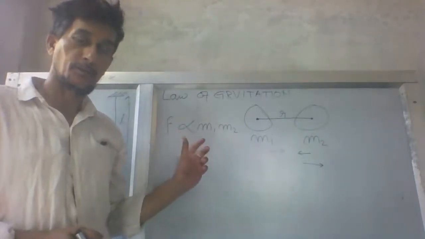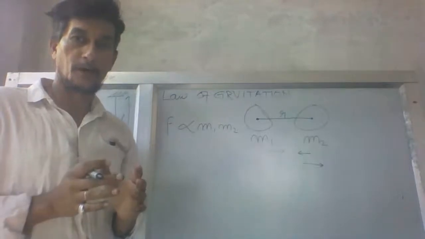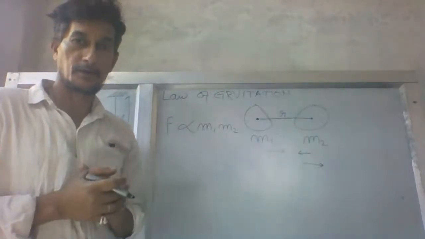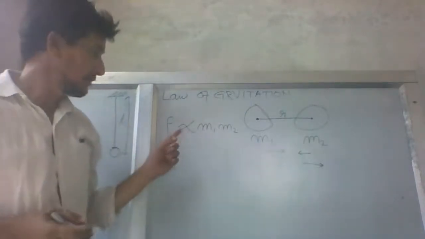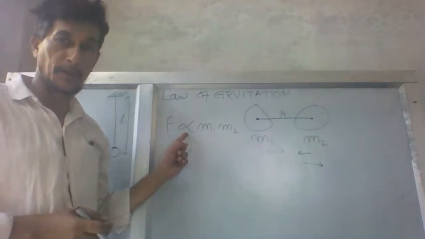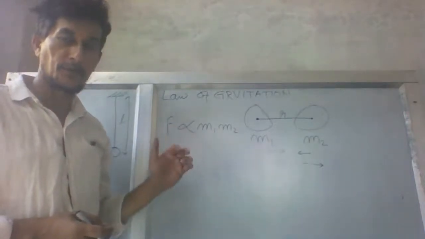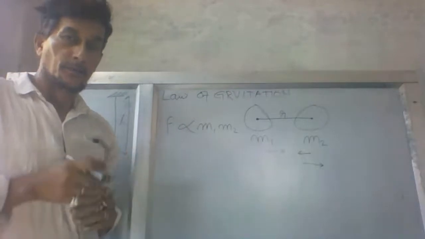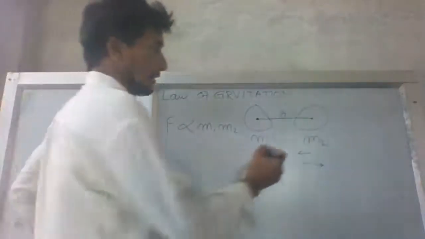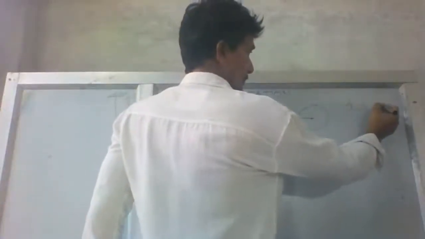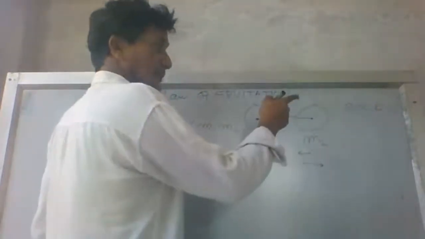This line is for those who are very intelligent, because they will easily understand. This is the sign of proportionality. Proportionality means A is proportional to B. We will say this is the sign of proportionality.